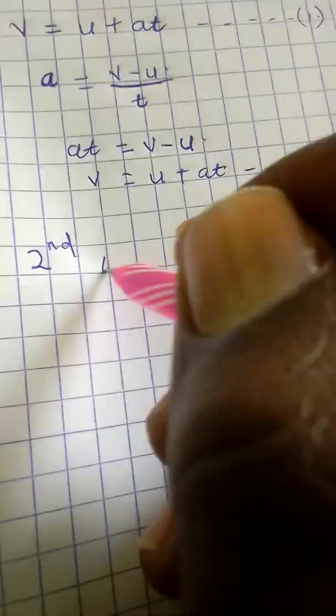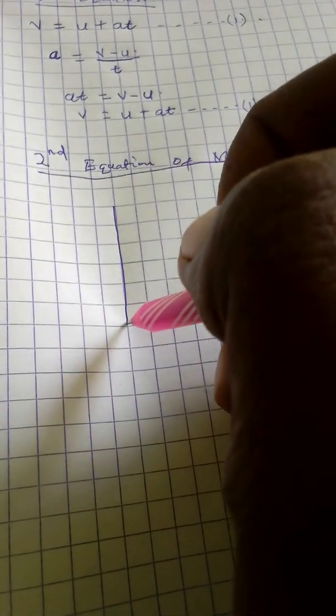The second equation of motion is brought about by the velocity time graph.